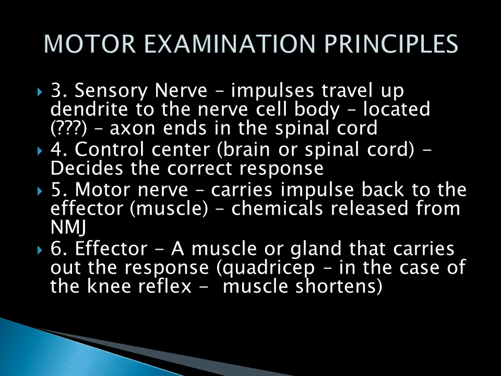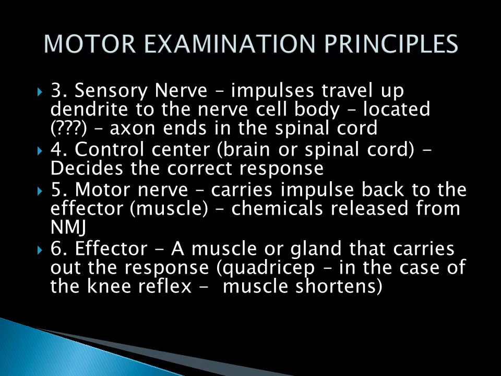Now, where is the nerve cell body located? The nerve cell body is located in the dorsal root ganglion. Remember, in the lumbar spine, the dorsal root ganglia are located several inches away from the spinal cord, because the spinal cord ends at around the L1 to L2 spinal level. So these dorsal root ganglia are right medial, or right interior, to the vertebral neuroforamen, where the nerve root exits.